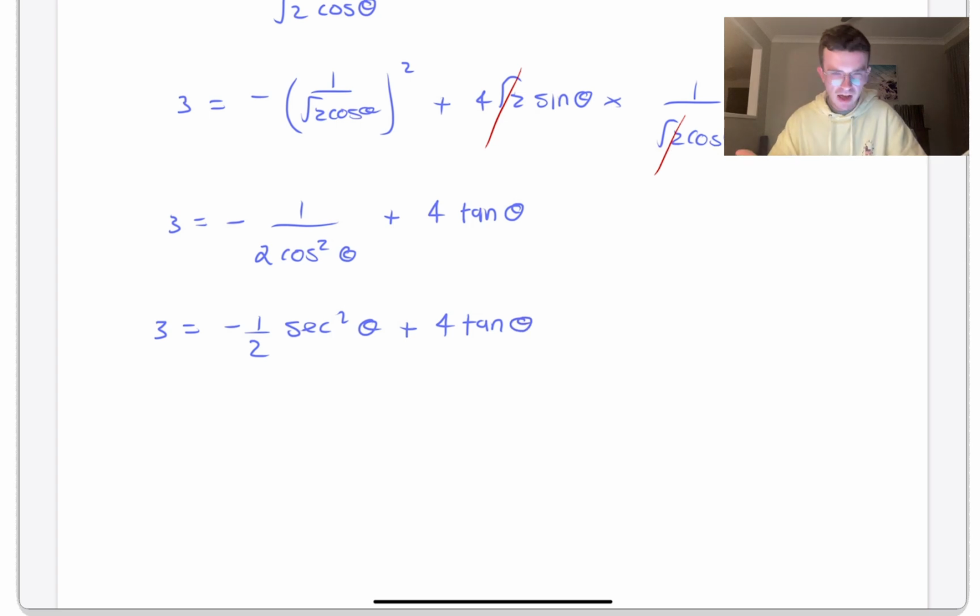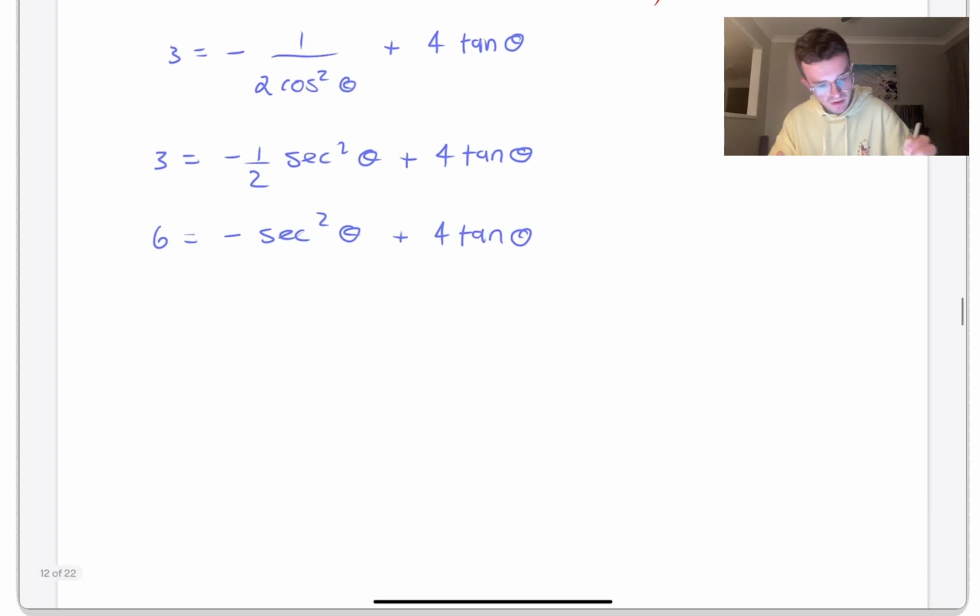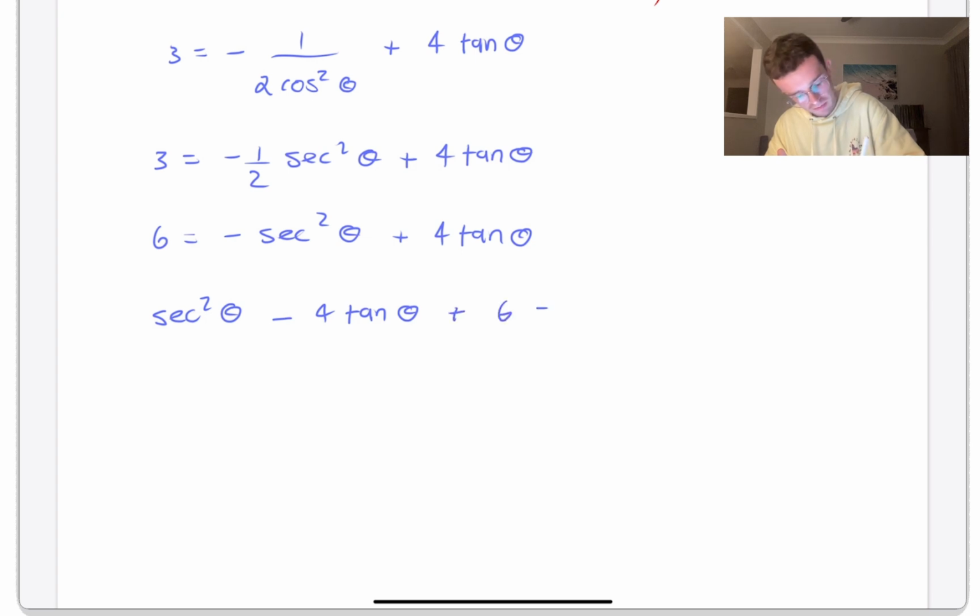Now I'm not liking a half, and we don't see a half anywhere in what we're trying to prove, so let's times everything by 2. And I'm not liking that negative sec squared theta, so I reckon we plus everything over to the other side. Sec squared theta minus 4 tan theta plus 6 equals 0.